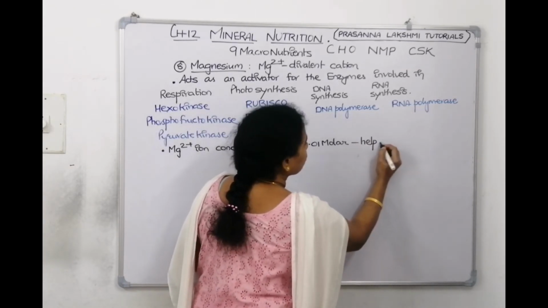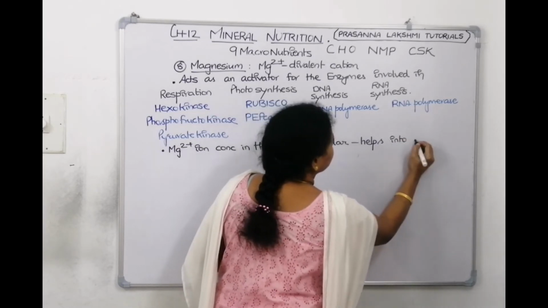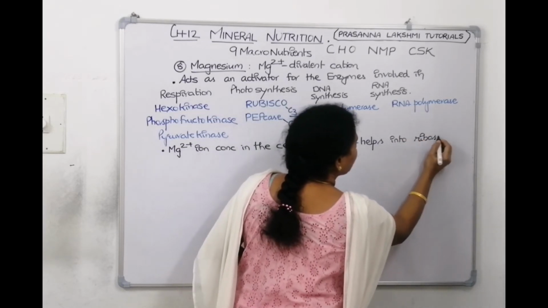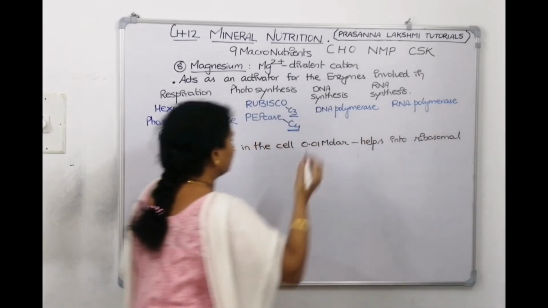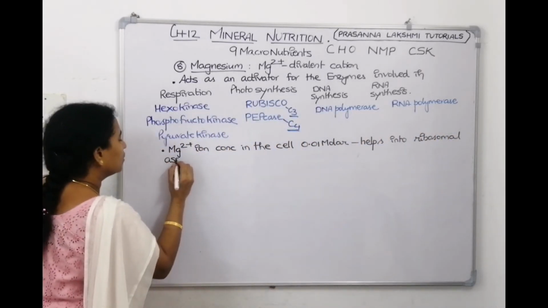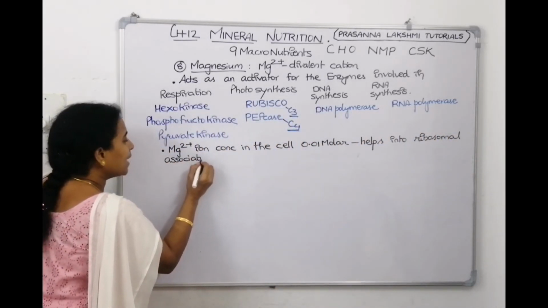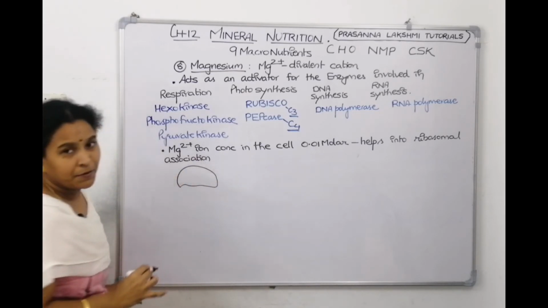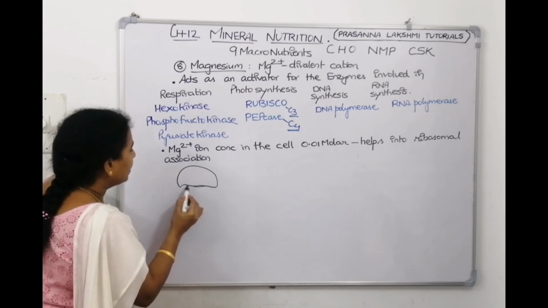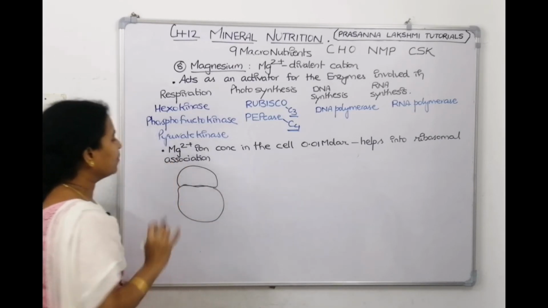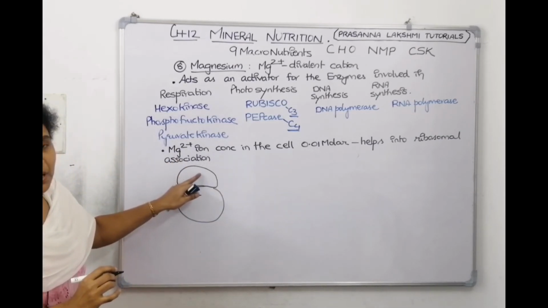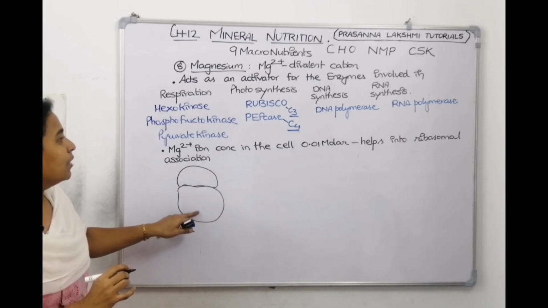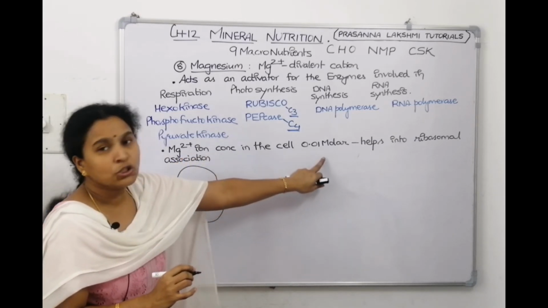It helps in ribosomal association. Did you understand what do you mean by ribosomal association? This is the smaller subunit of ribosome, and here is the bigger subunit of ribosome. So when will the smaller subunit come and join with the bigger subunit? When the magnesium ion concentration is so.